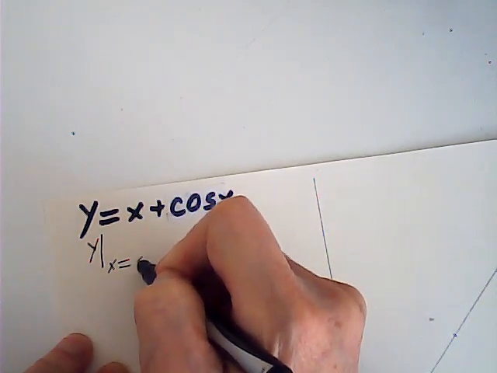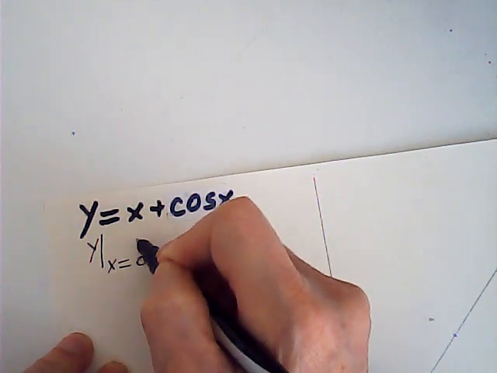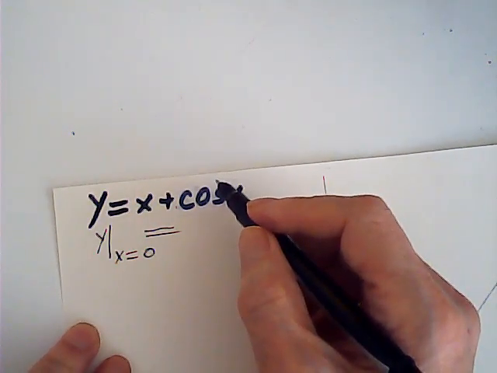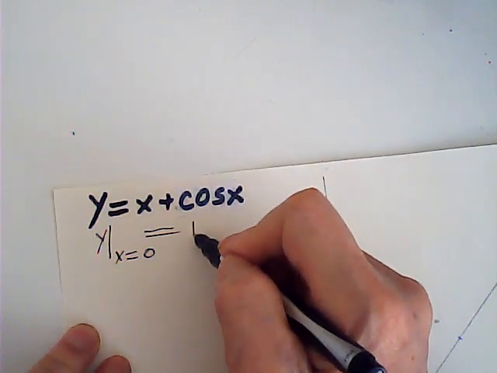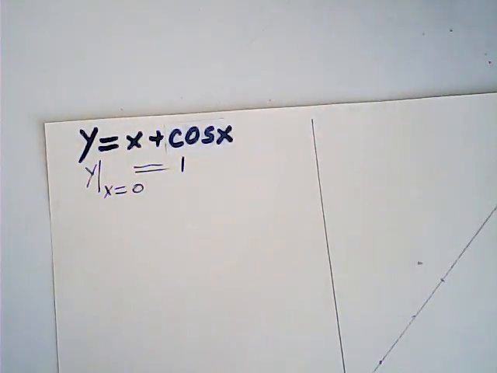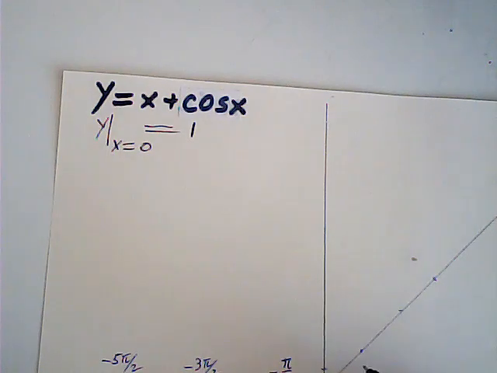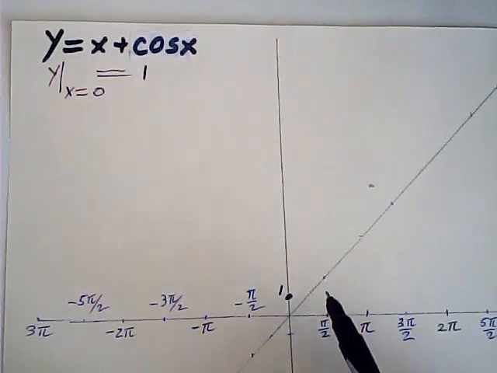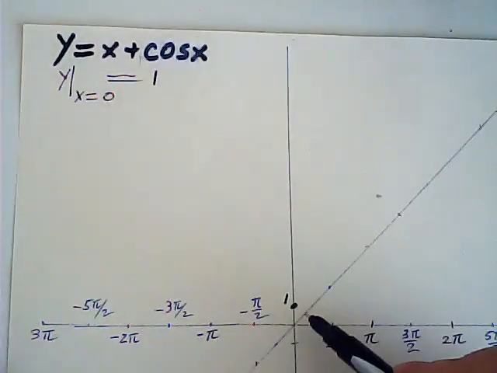Now, when x equals 0, y is equal to 1, right? So that is my y-intercept. So this is equal to 1. This curve passes through this point.